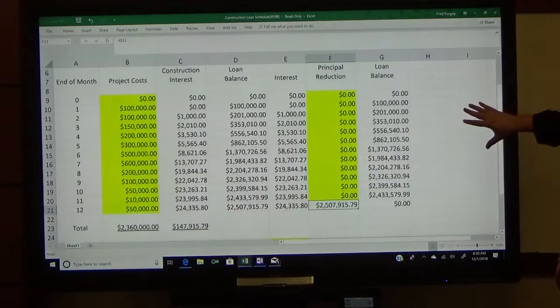The construction lender may be a local bank, but your permanent lender might be a large-scale institutional investor or bank or pension fund or insurance company that's going to front the long-term, traditional mortgage on the property.